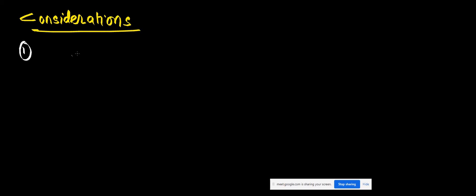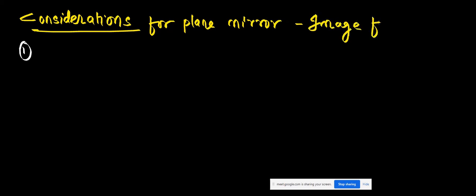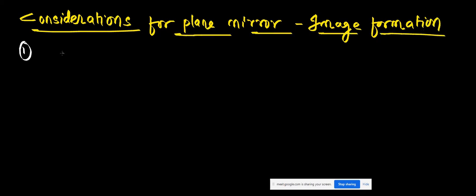So first point, considerations for plane mirror image construction or image formation. The first consideration is an incident ray along the normal.